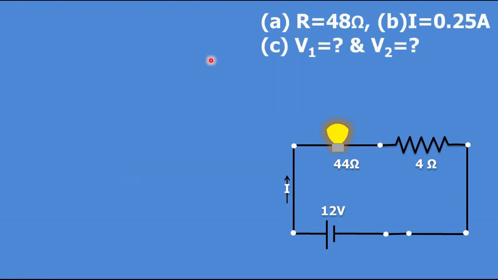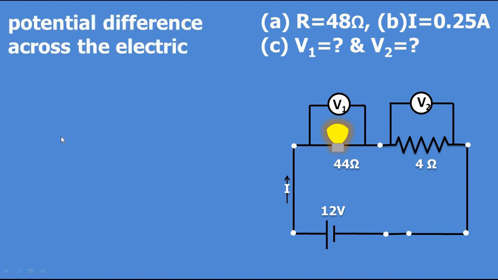Now see the potential difference across the electric lamp, V1, and V2, the potential difference across the conductor. Potential difference across the electric lamp, V1, is given by IR1.